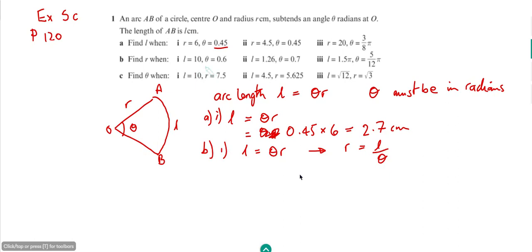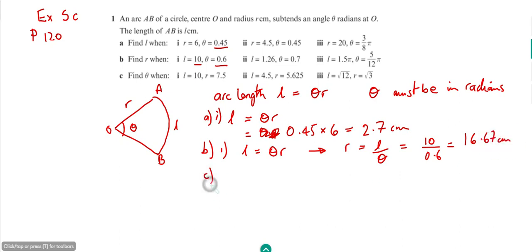In our case, we've got L is equal to 10 and theta is equal to 0.6. So we put them into the formula: r is equal to 10 over 0.6, and what we get there is 16.67 centimeters.